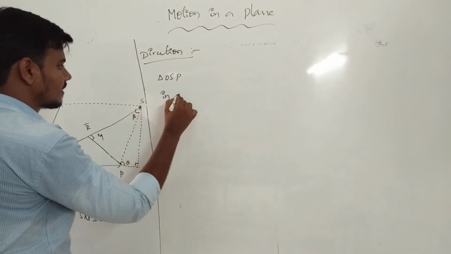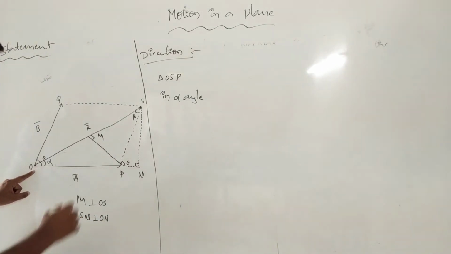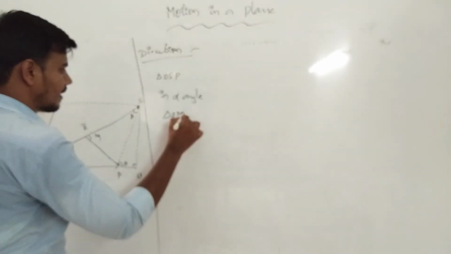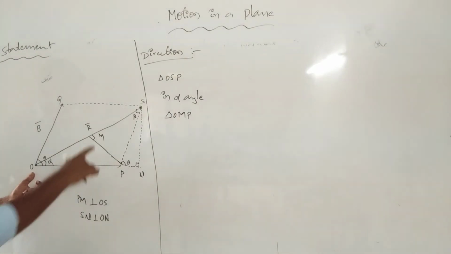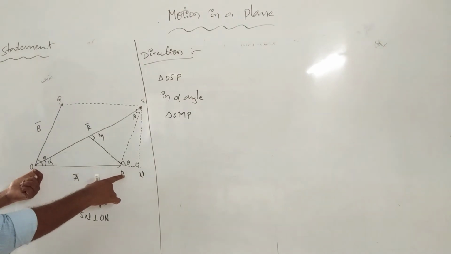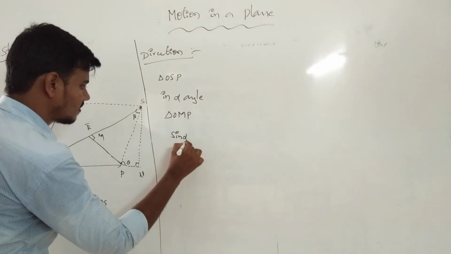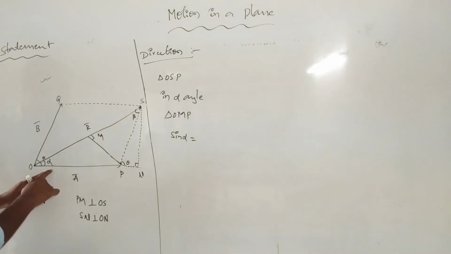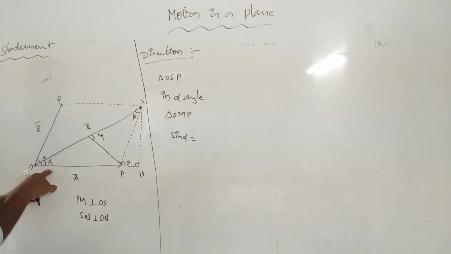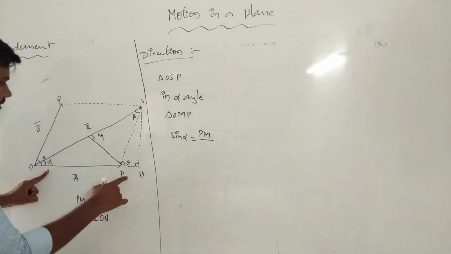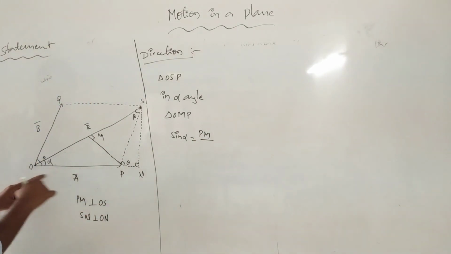In the alpha angle, triangle OMP, we can introduce it for sine and cosine. In sin alpha, sin means opposite, opposite means you can take PM, by A bar.